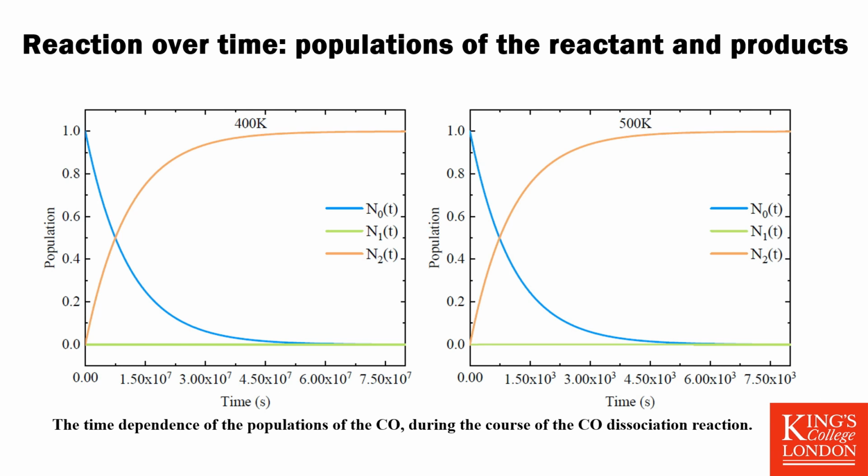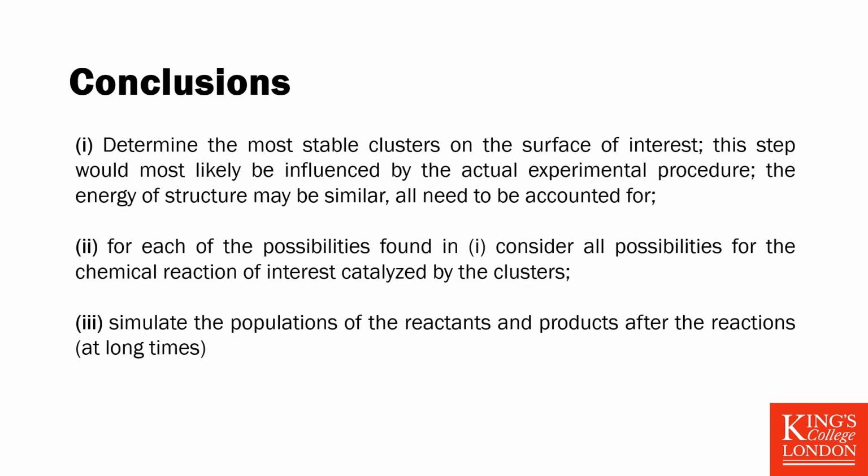Okay, so this is the whole process from the beginning of the structure search to the final chemical reaction. So I want to conclude what we did. First of all, we found the most stable cluster, and we absorbed it on the surface, and also absorbed the molecule on the cluster.